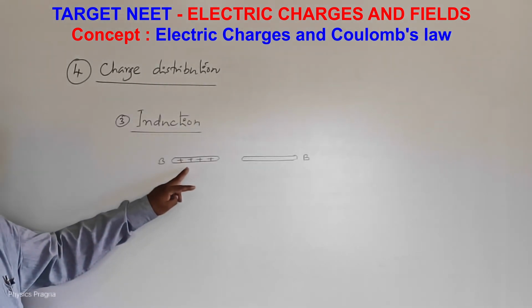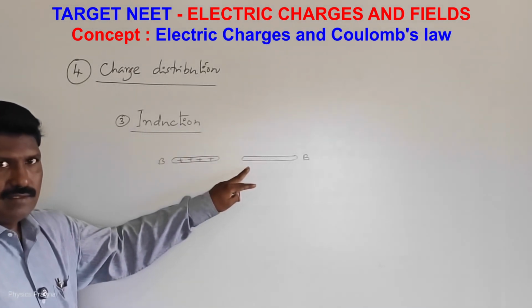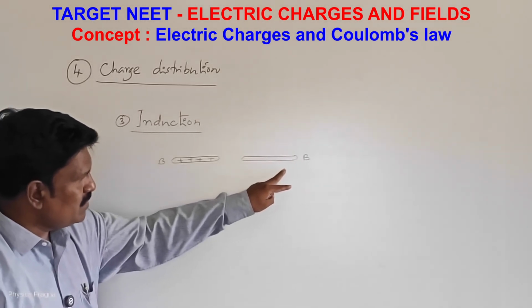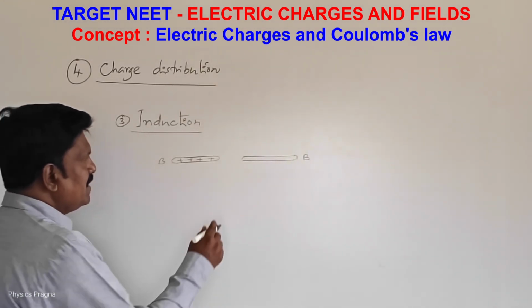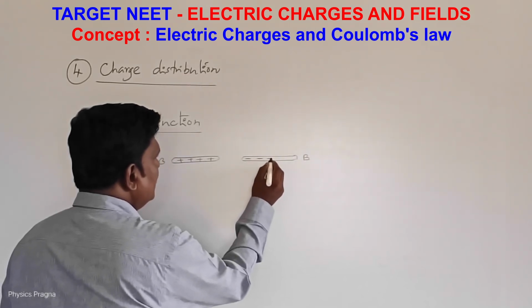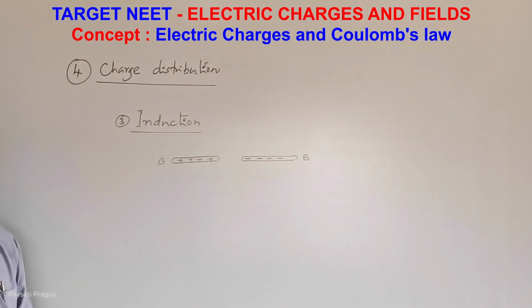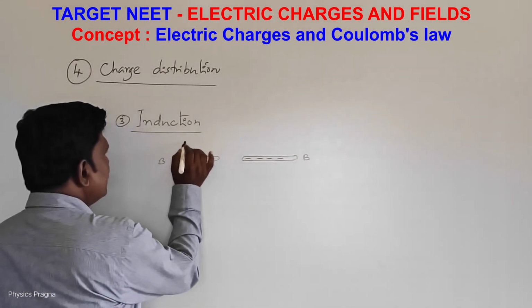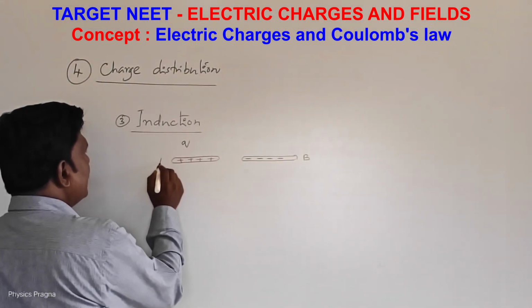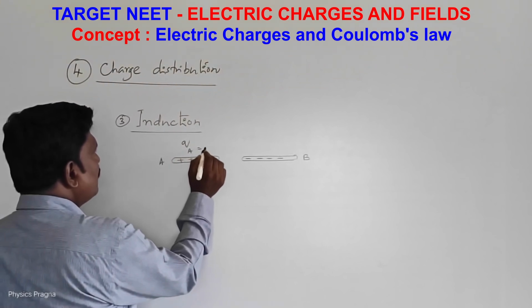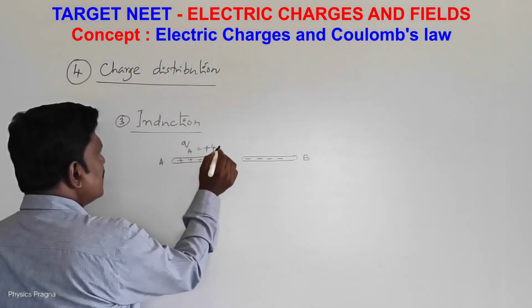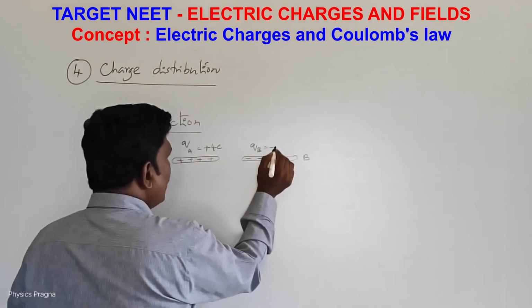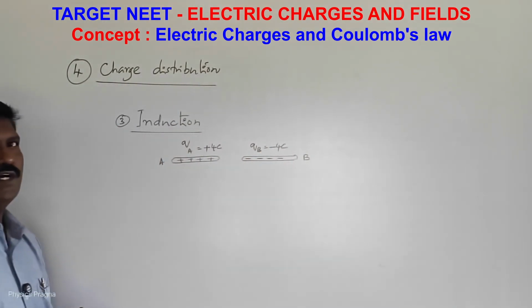So a charged body is brought near, not made a contact, just brought near to an uncharged body. Then what happens? The opposite charges will be induced in the body. This is called induction. So if body A is having plus 4 Coulombs of charge, then body B becomes minus 4 Coulomb of charge.